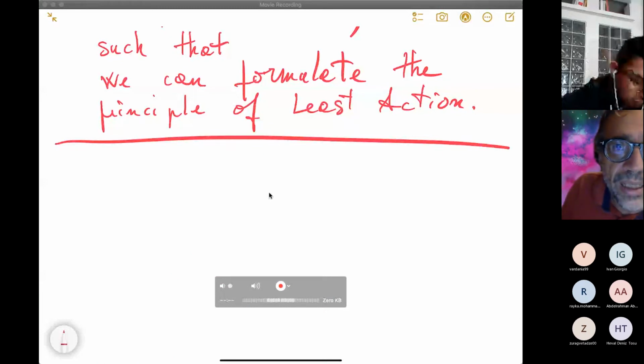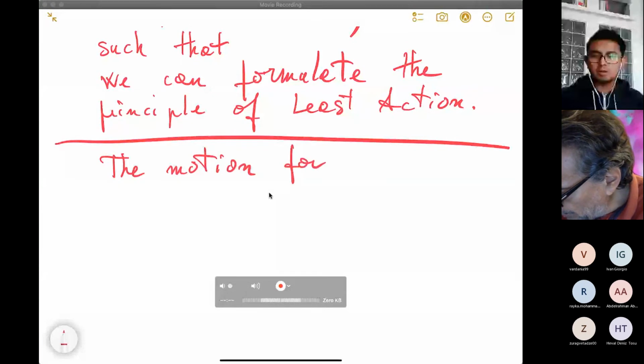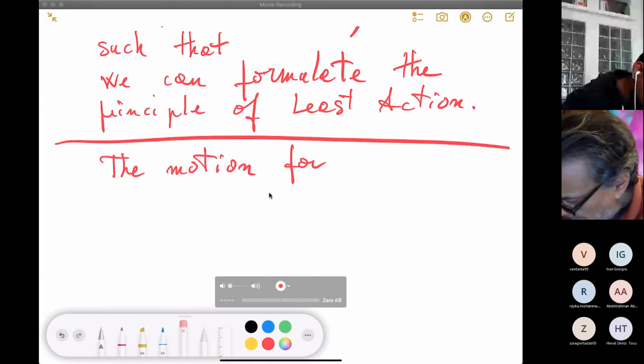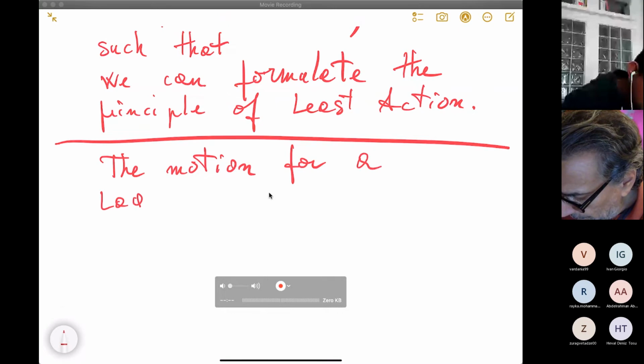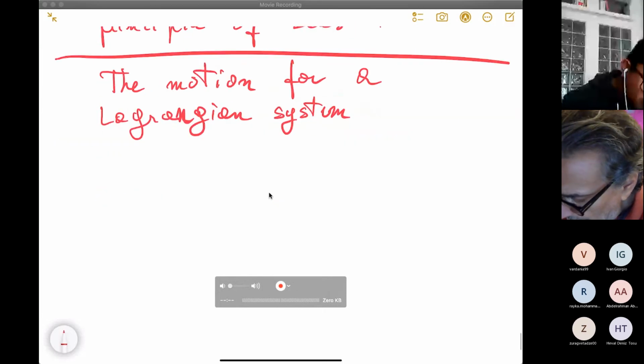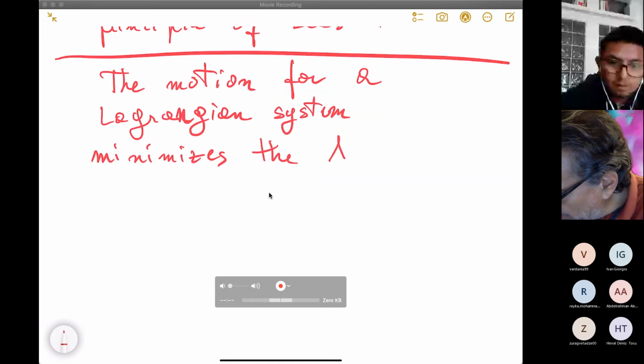Now we go to the principle of least action. The motion for a Lagrangian system minimizes the action functional.